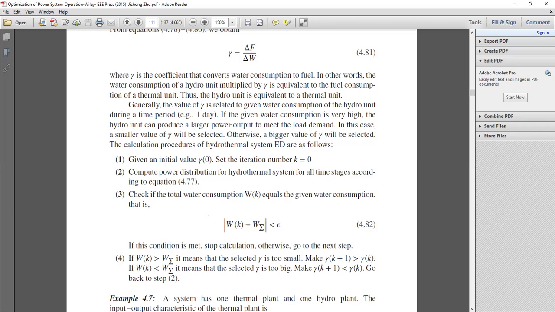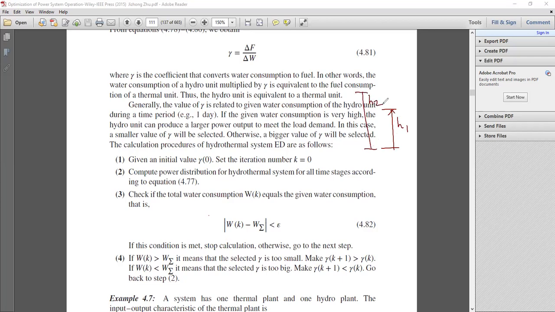Now if the given water consumption is high, the hydro unit can produce a larger power output. Of course, if you have a higher water head, this is H1, and let's say this is H2.